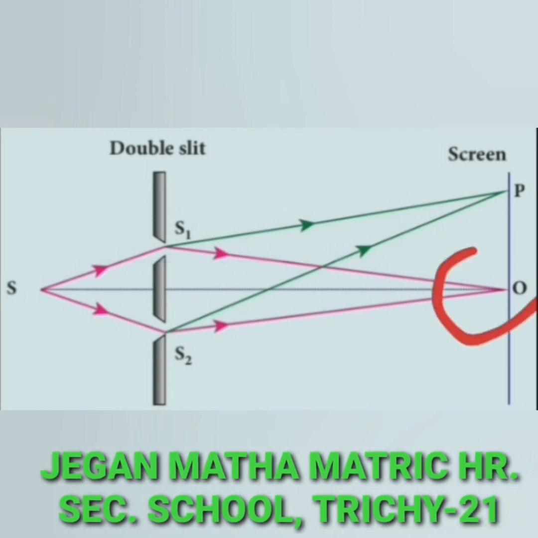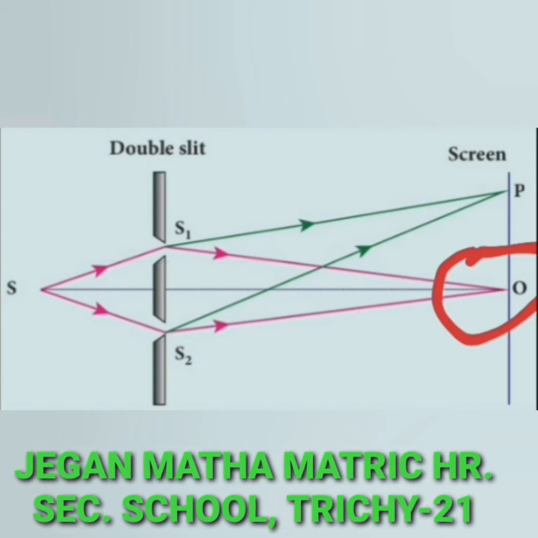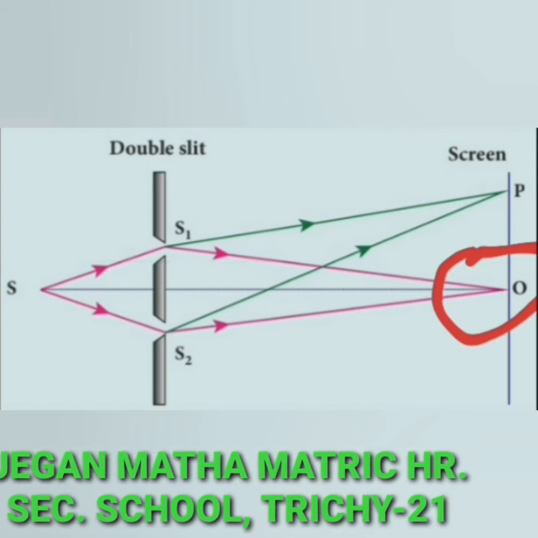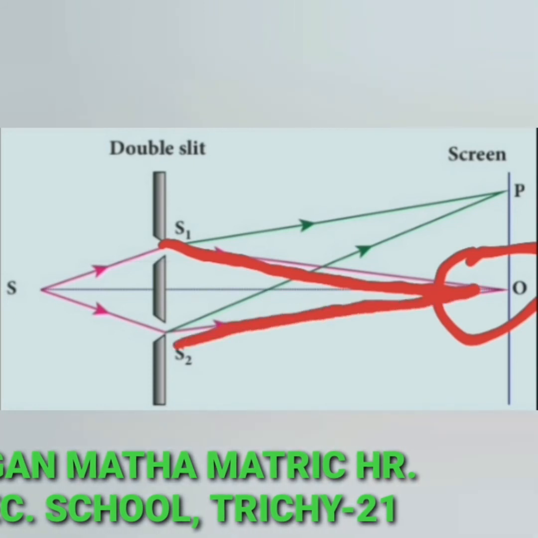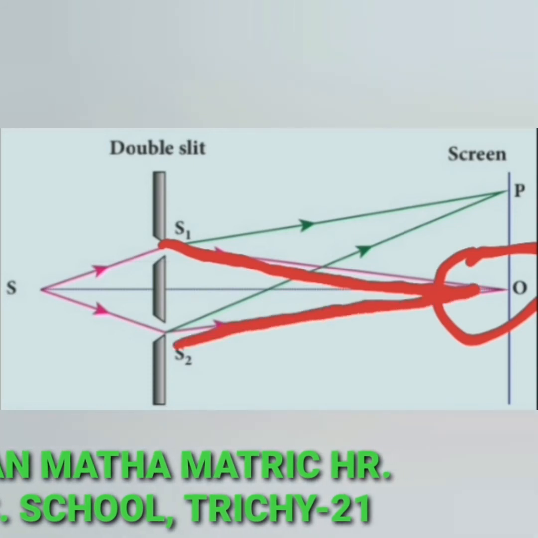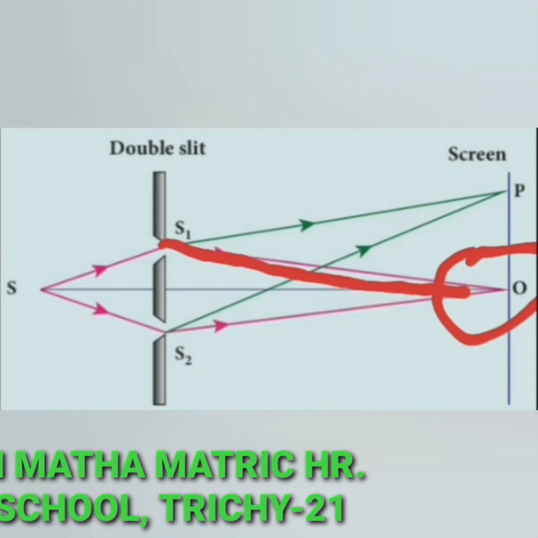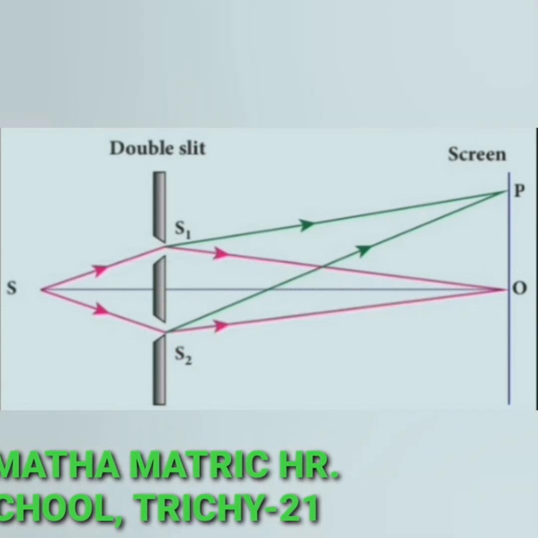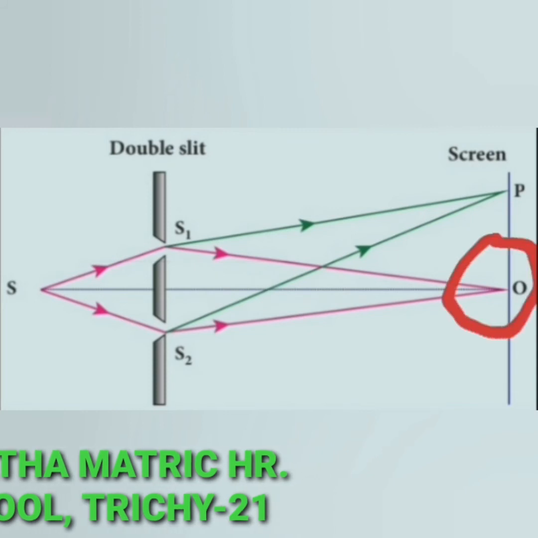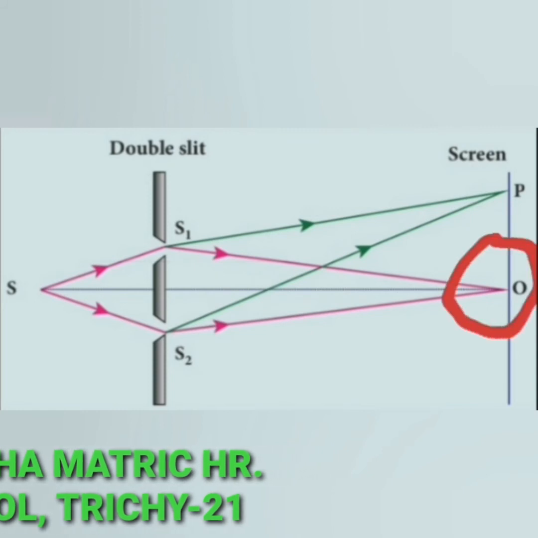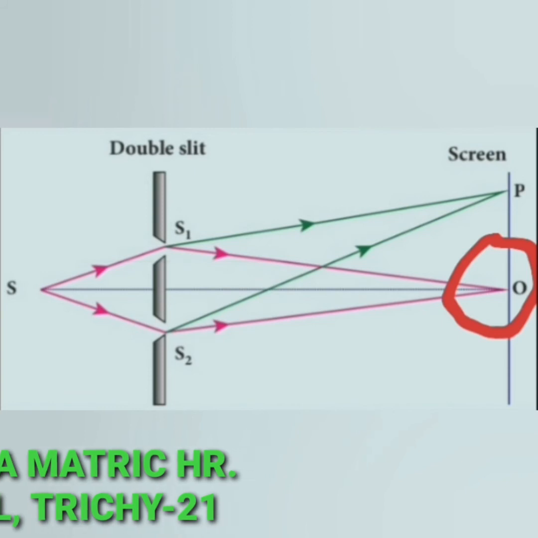At the center point O on the screen, the waves from S1 and S2 travel equal distances and arrive in phase. So these two waves constructively interfere, and a bright fringe is observed at point O. This is called the central bright fringe.